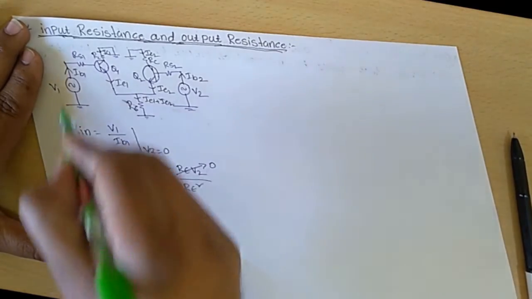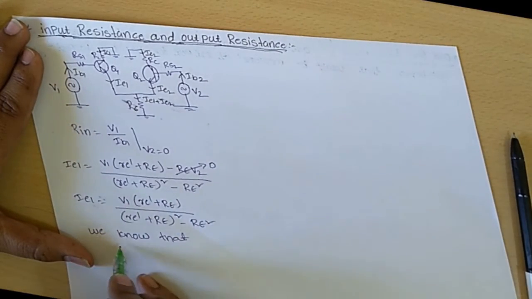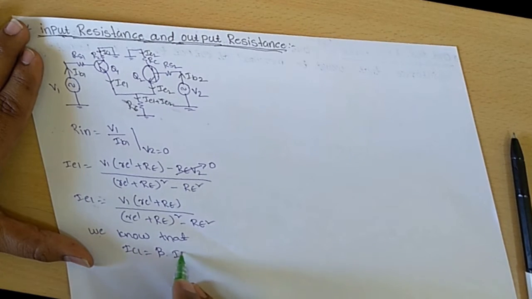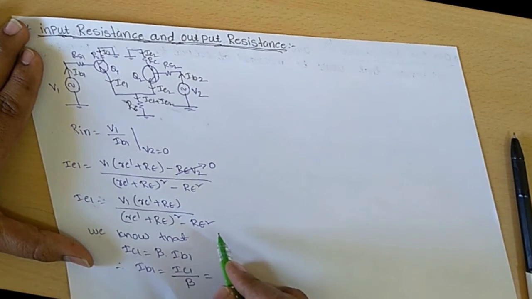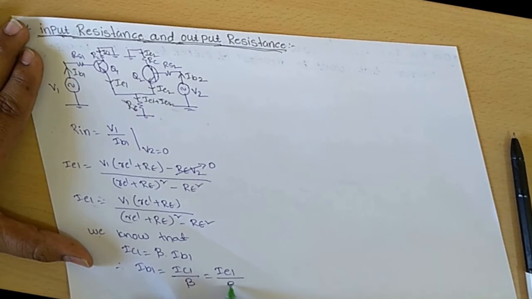in the CE configuration, IC1 equal to beta into IB1. Okay, therefore IB1 equal to IC1 by beta. So in this common emitter configuration, the input current, that is the base current, is small. Therefore we are assuming the collector current equal to emitter current by beta.